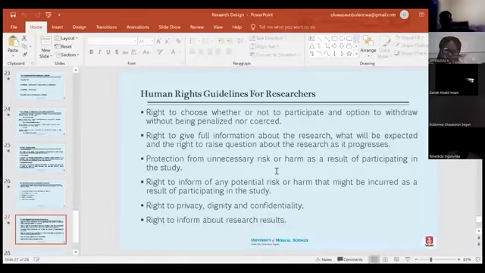Then the right to privacy, dignity, confidentiality, as well as the right to be informed about the research result even after you are done with the study. The participant has the right to know what is the outcome of that study. And in climes where people know their rights, people cannot just infringe on these rights anyhow, or else that will be a legal issue.